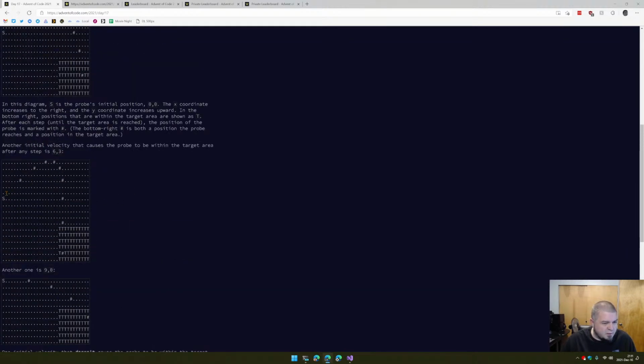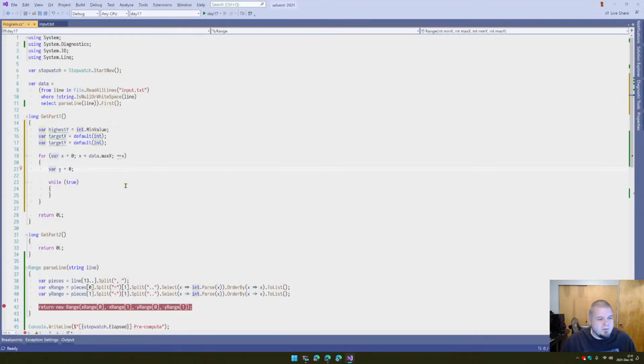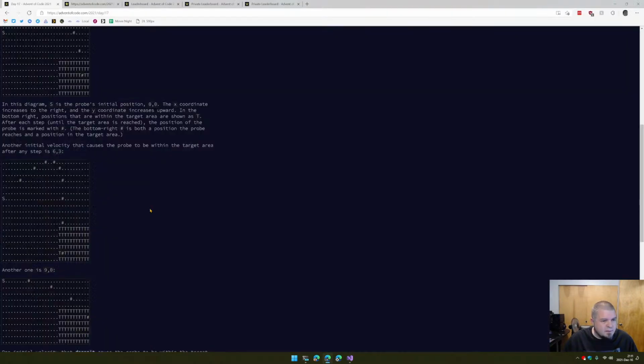But think about a different version of this, where we went up and we went down and we went past here. When we still hadn't hit the x direction, but we had already exceeded it in the y direction, then we know we've gone too high. Going higher isn't going to help any, because all that's going to do is push us further left. So that's how we'll know that we're done. Okay. We'll start with this.